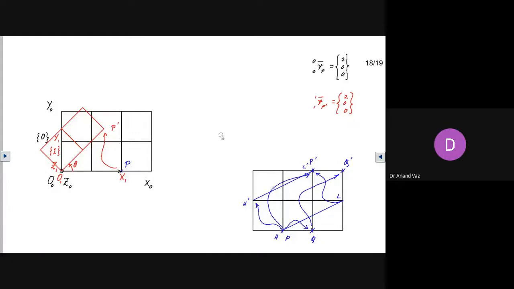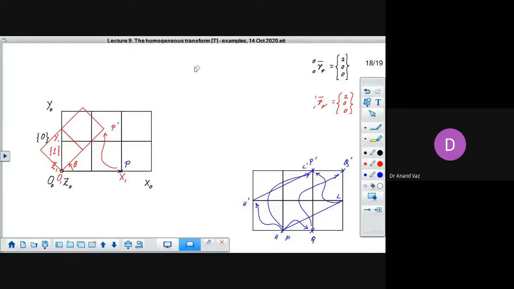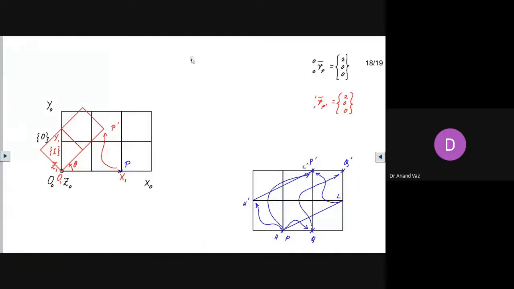Got it? Now, what is the relationship between this position vector and the vector which is shown over here? If we take the transformation, we know that if we want to rotate it by angle theta, here we will have cos theta, sine theta, 0, and this part will be 0.